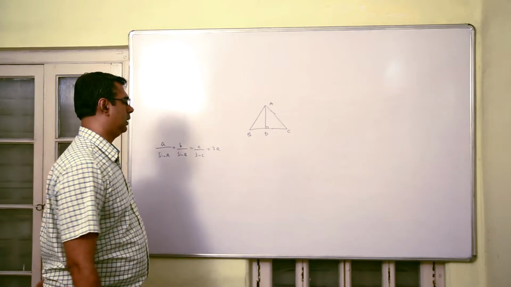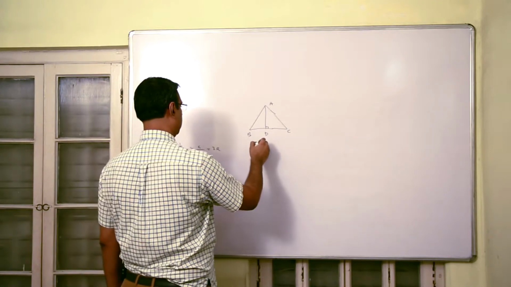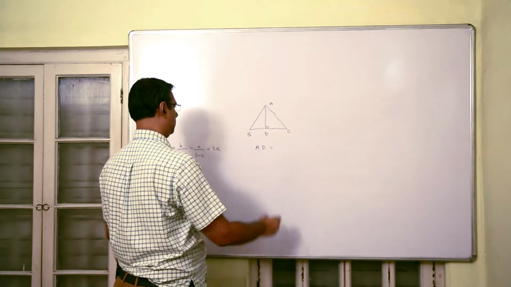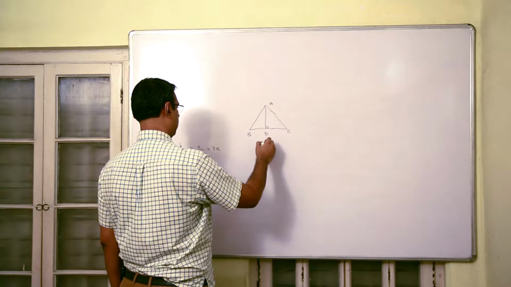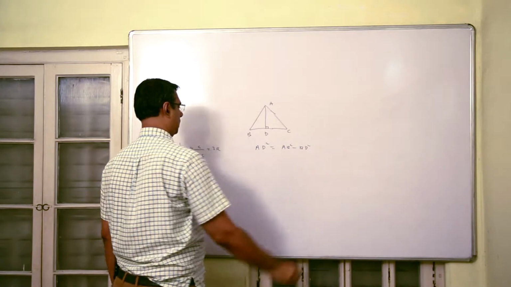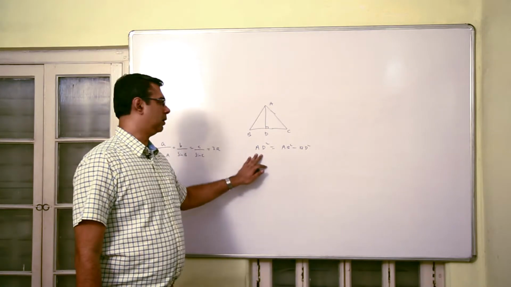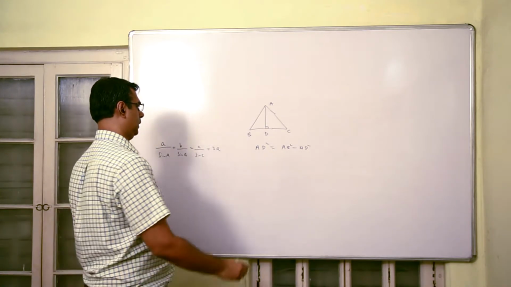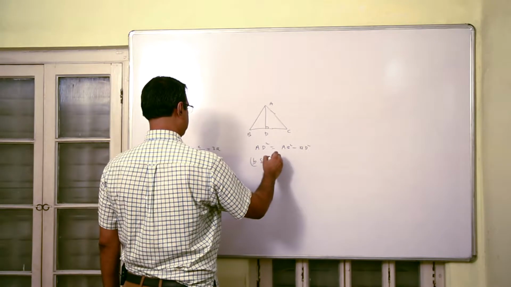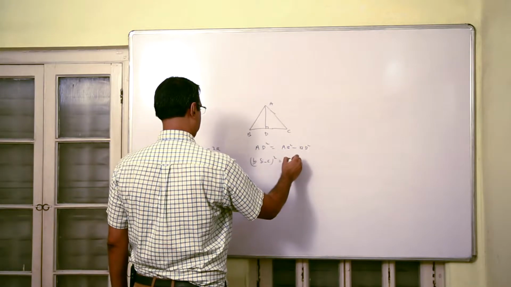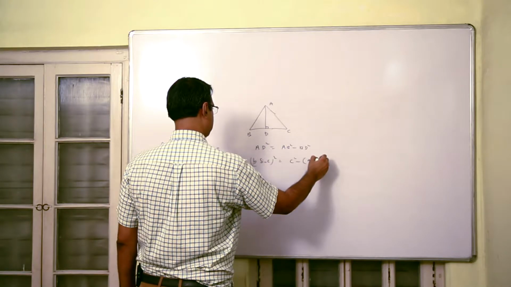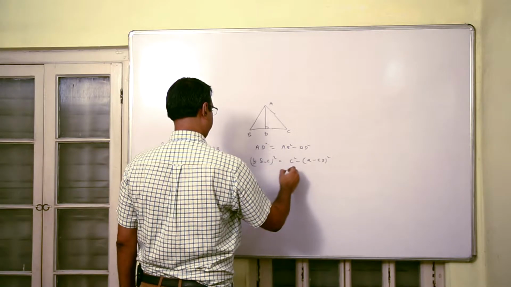Coming back to the original diagram, let's say we have this diagram again. Now you can see in this diagram that AD square is AB square minus BD square. Now we can write AD as b sine C and AB as c and BD as a minus CD.